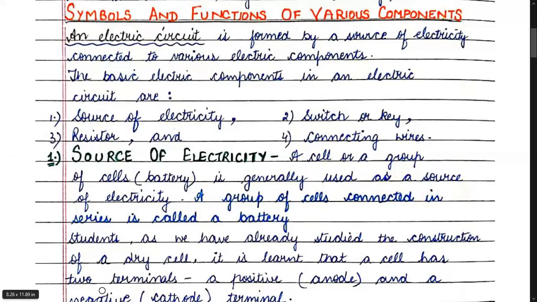Now, students, before studying symbols and functions, let us know what is an electric circuit. An electric circuit is formed by a source of electricity connected to various electric components.